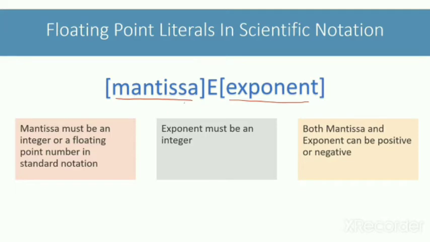It is followed by the letter E and then the exponent is written. The case of letter E doesn't matter. It can be written in either uppercase or lowercase. Exponent must be an integer. Both the mantissa and the exponent can be positive or negative.